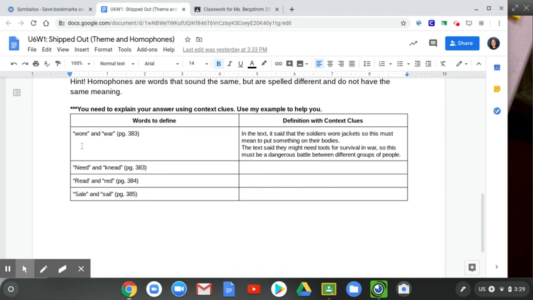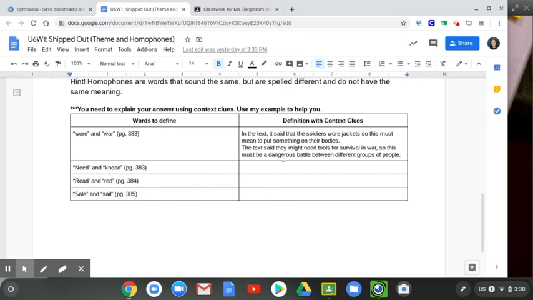For example, I did the word wore and war. Spelled differently, have different meanings. Homophones. In the text, it says that the soldiers wore jackets. So this must mean to put something on their bodies. So I think the word wore means to put something on their bodies. The text said they might need tools for survival in war.